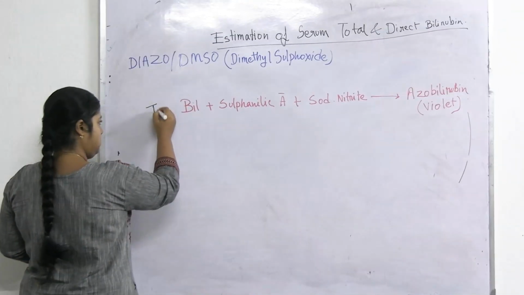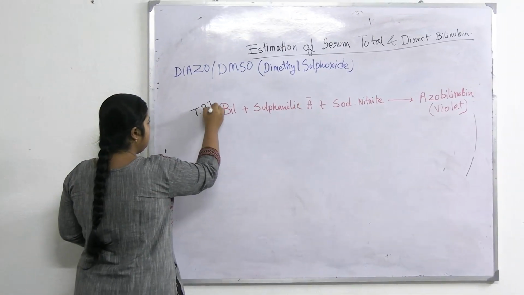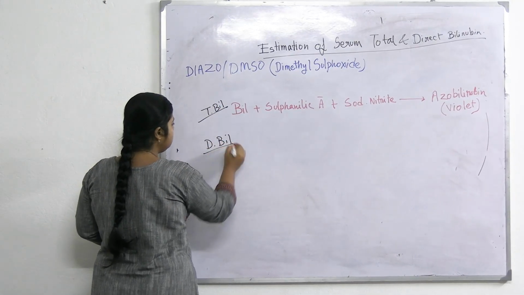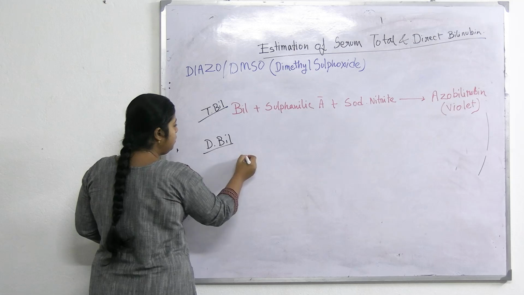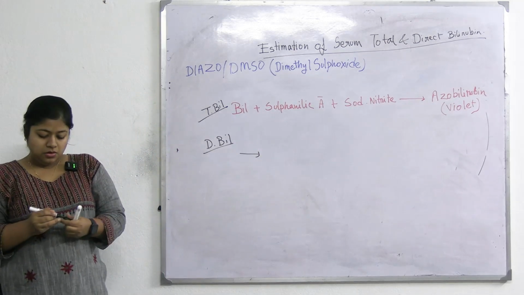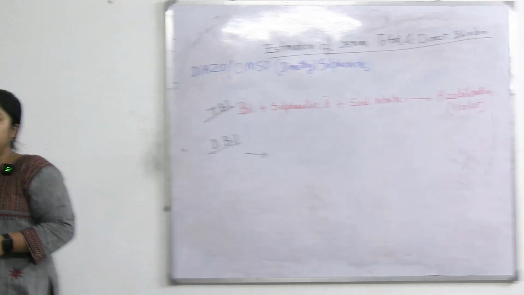So, for total bilirubin estimation and direct bilirubin estimation, this reaction is the same. Where is the difference? For direct bilirubin estimation, this is the only reaction. What is the other type of bilirubin?